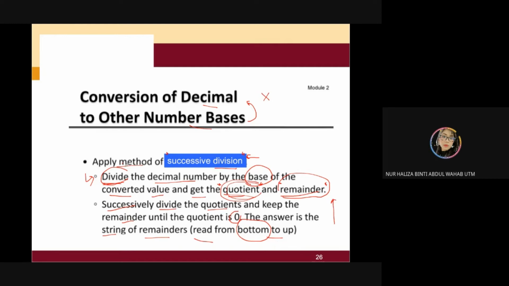Now let's take a look at what all this actually means, because I myself personally am not the kind of person to understand something from reading sentences. So I need to apply the technique, then I can understand.